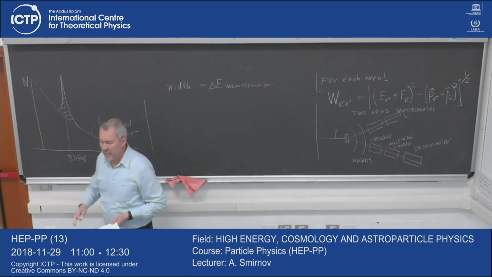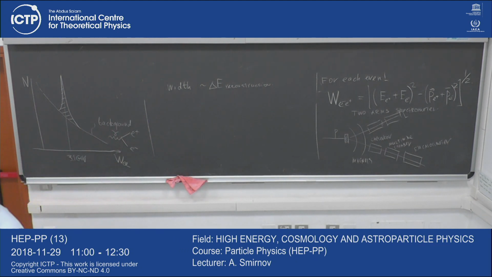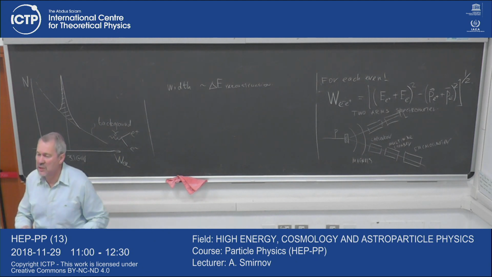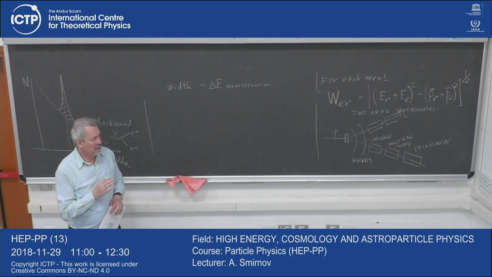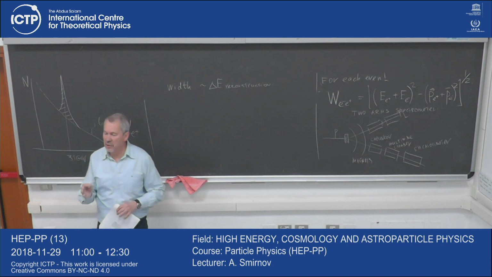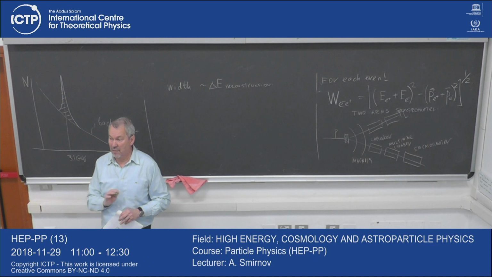So, of course, he measured the energy of this electron and positron and momenta with some accuracy, right? And therefore, for a given event, you measure W, and this W has, of course, an error bar, right?